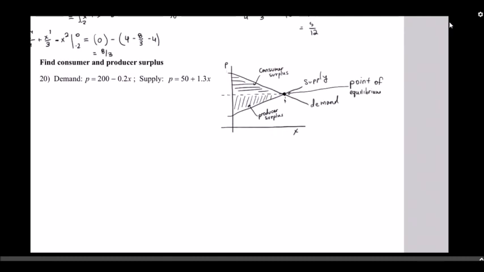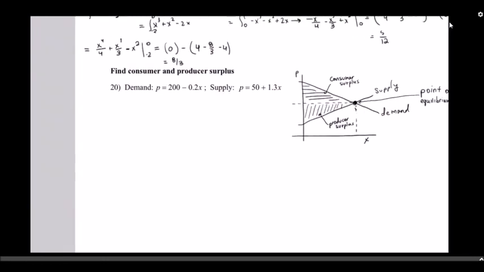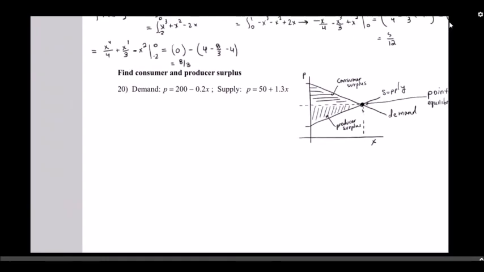So the point at which these meet gives us a quantity and a market price, the point of equilibrium. So that's our first task, to figure out what this point of equilibrium is. What's the x and the p coordinate? An easy way to find that is to just set the two equations equal to each other.